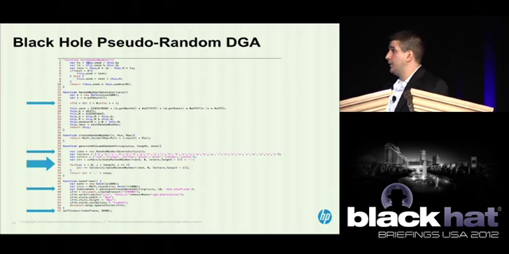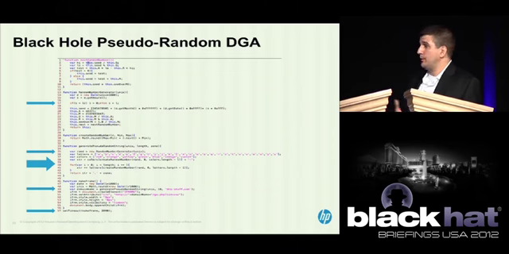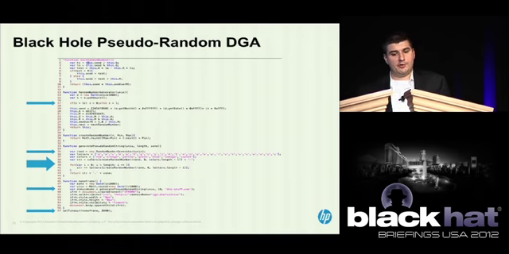Then it pulls a color out of the string, and it uses its pseudo-random number generator to grab 10 characters, ending up with a color-10 random characters.dnsstuff.com domain name. They just recently added this, I think near the end of last month. So they're definitely trying to add more things and keep their place as the most popular kit.